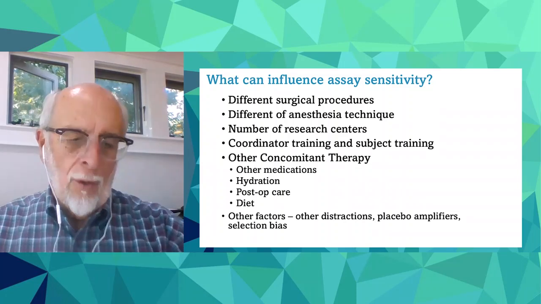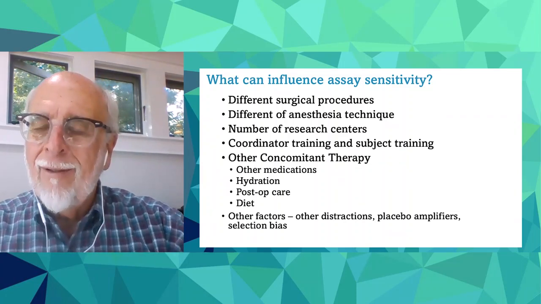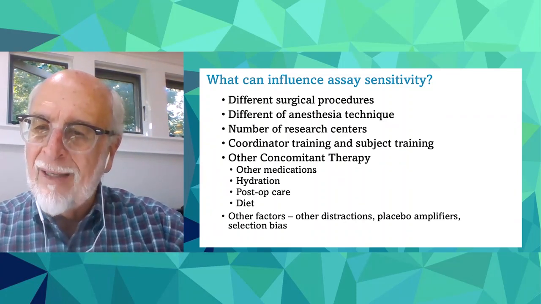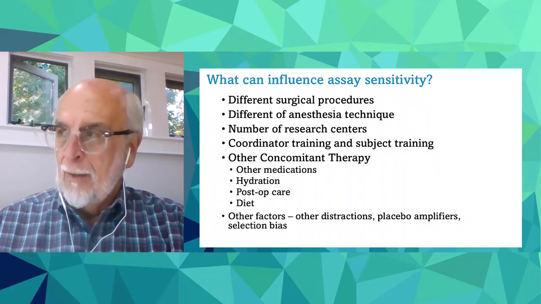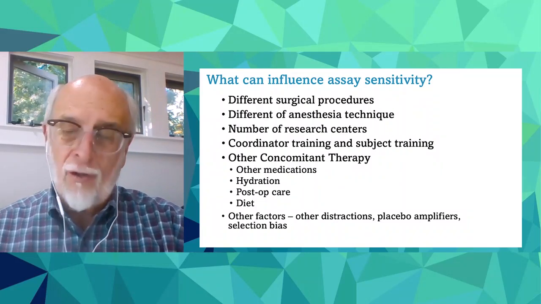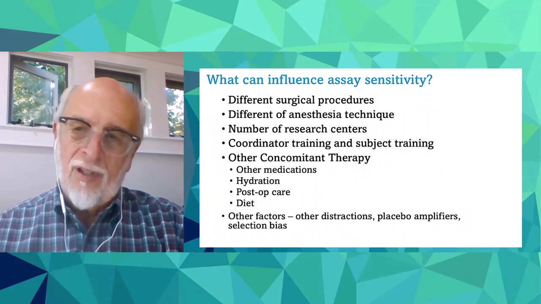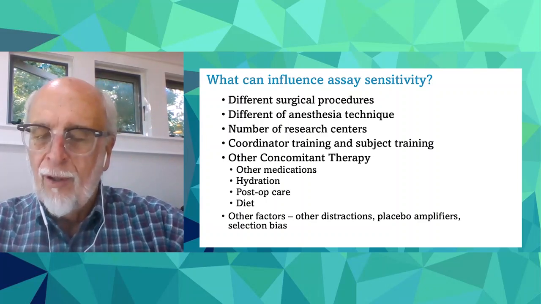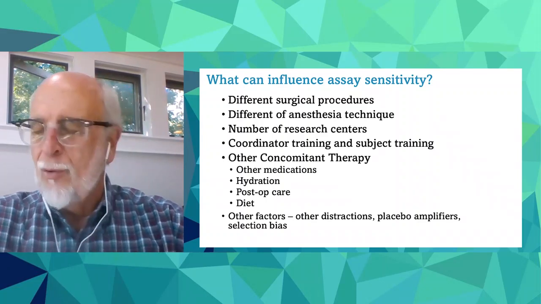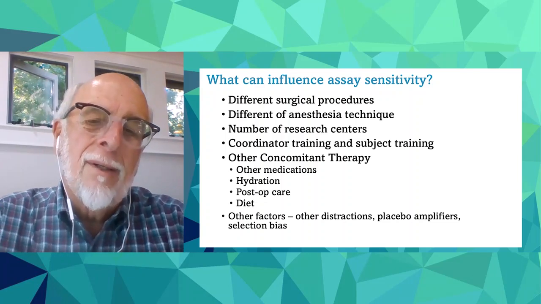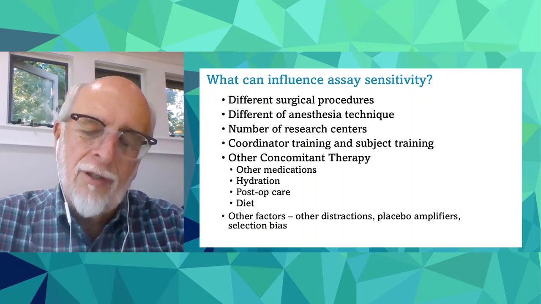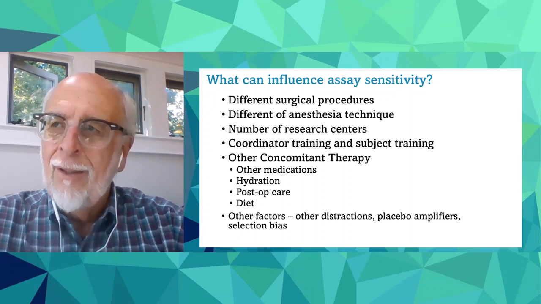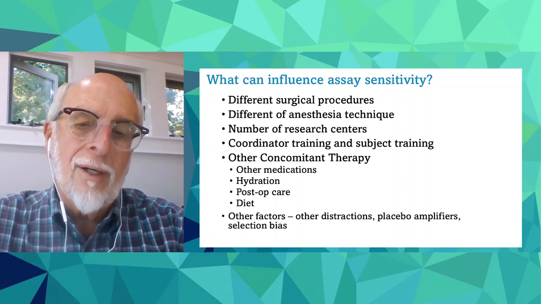Now, what can kill a study? What can invalidate studies, and what makes studies fail? Studies that have a mixed surgical population. If you're doing some patients with hernia, some other patients with orthopedic repair, inserting pins in the wrist, and others are dental patients, you can pretty much guarantee that those are going to be insensitive studies.